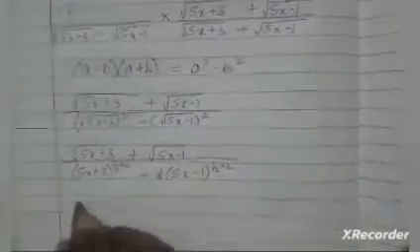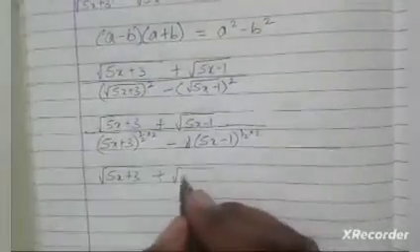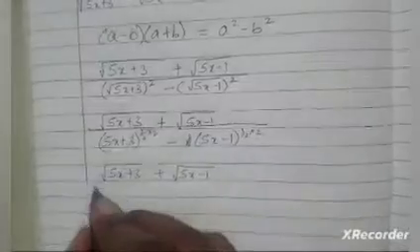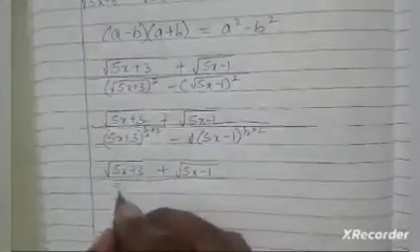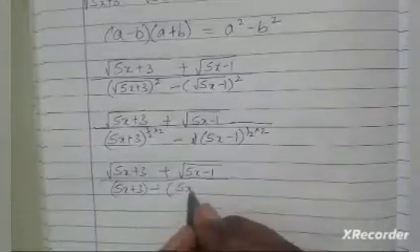Then it will become 5x plus 3 plus root 5x minus 1 divided by 5x plus 3 minus 5x minus 1.